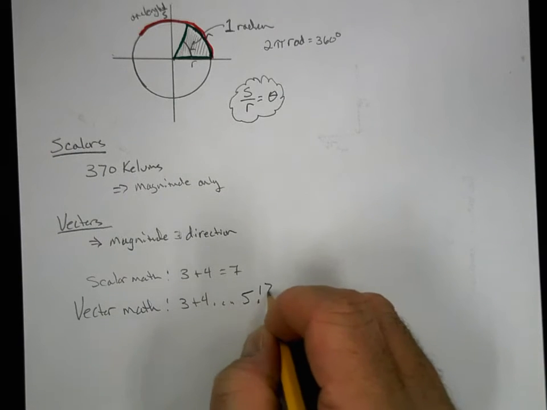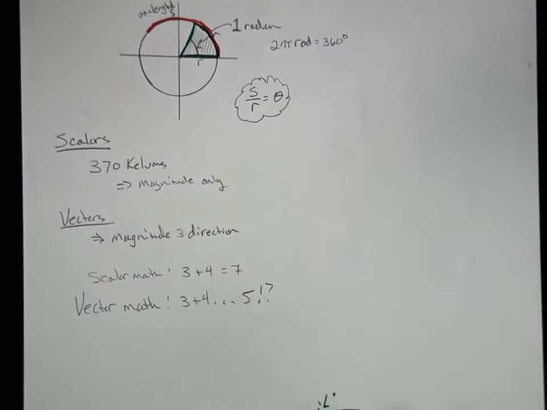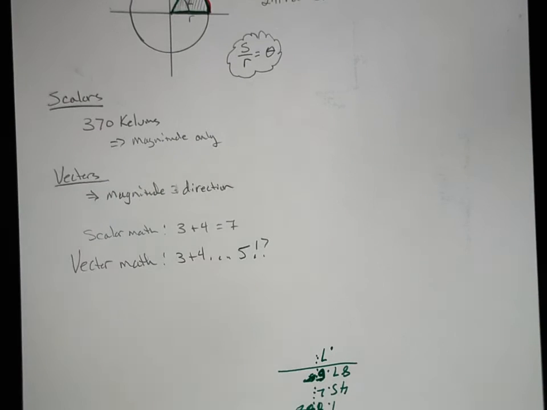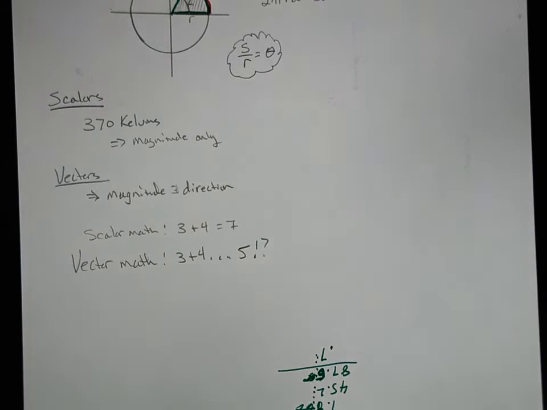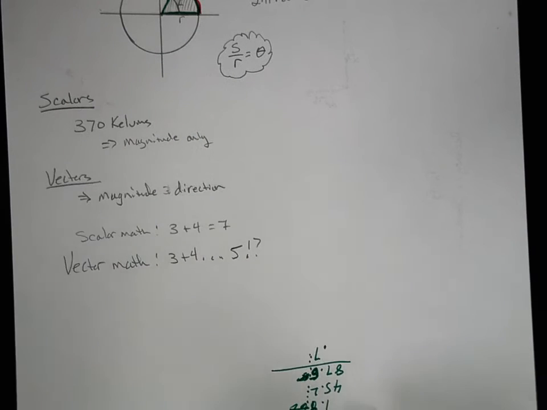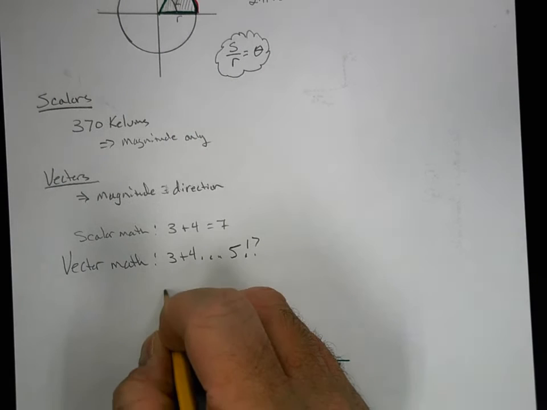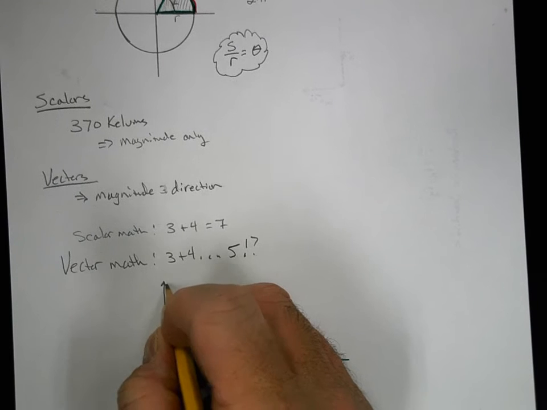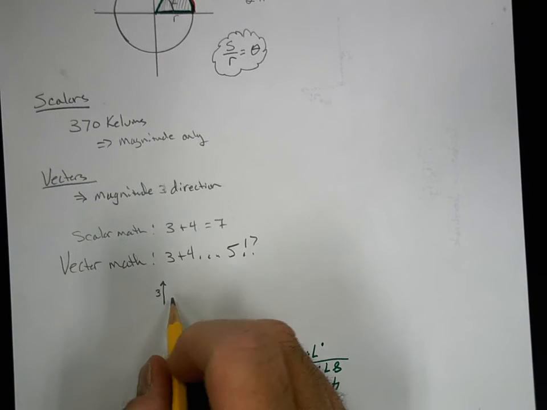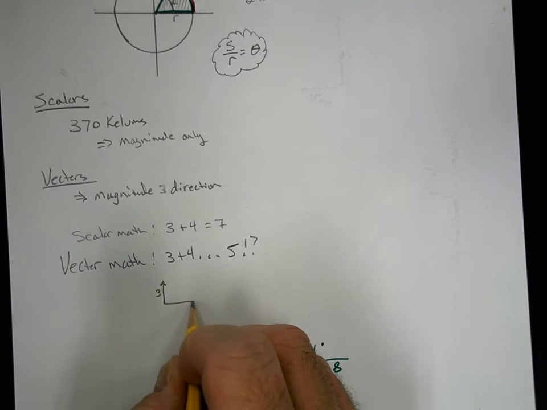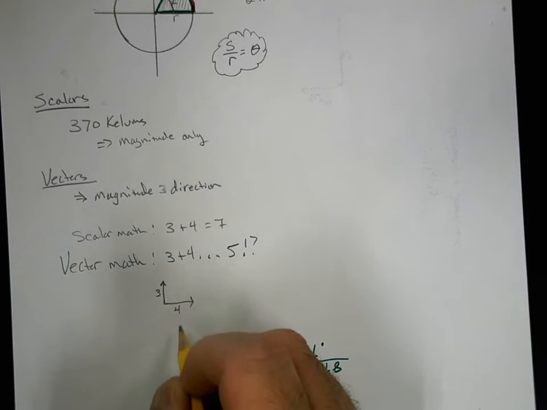It could, and here's how it works, if we are accounting for our changes in direction. So let's say this is a vector that is 3 long, and that is a vector that is 4 long, and these are orthogonal.